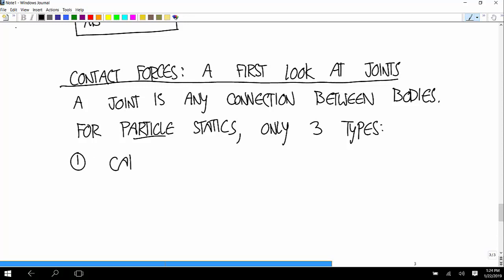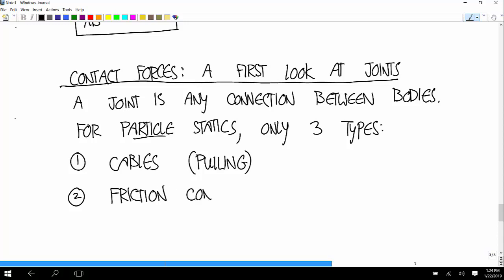There are cables, and all those can do is pull between bodies. There's frictionless contact between bodies, and when that happens, the 2 bodies are pushing on each other.